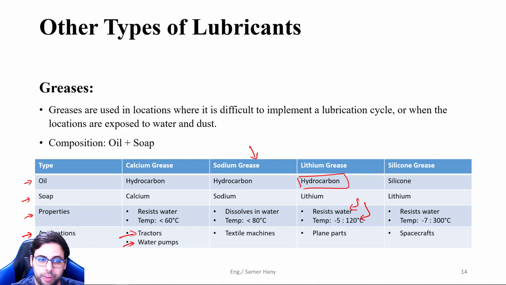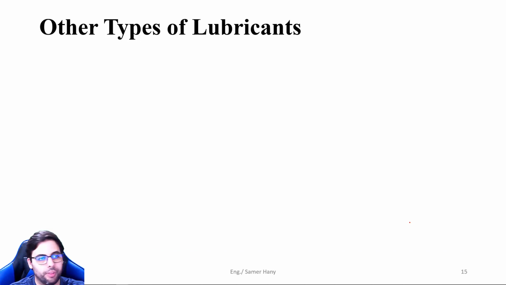So we replace the hydrocarbon oil with silicone oil and lithium soap. This will resist water, of course, and will be able to work under much higher temperature ranges. And of course, it will be much more expensive, so it's used in premium applications like spacecraft and spaceports. Okay, that's it for the greases.